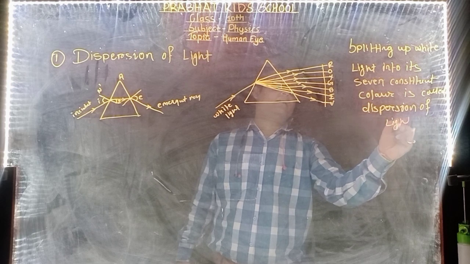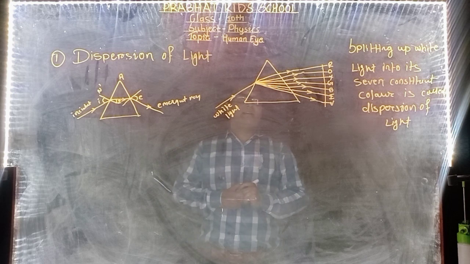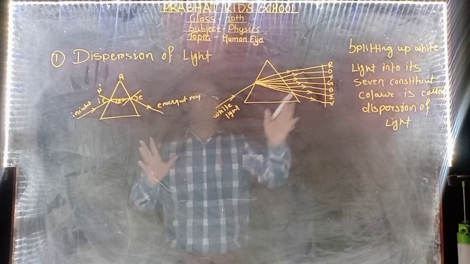So dispersion means the splitting of white light into its 7 constituent colors.